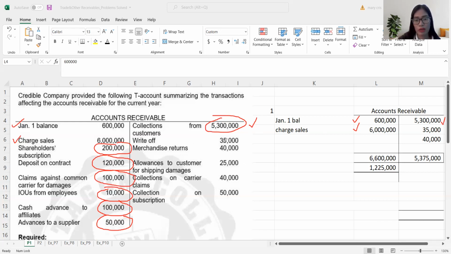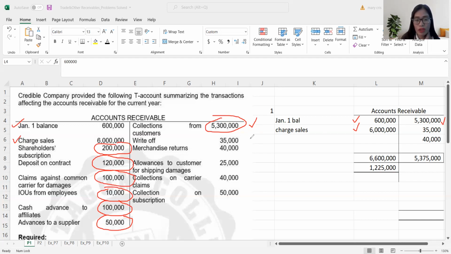Then we have the write-off. So we're assuming that the company here, credible company, is using the allowance method in recognizing the doubtful accounts or the bad debts.